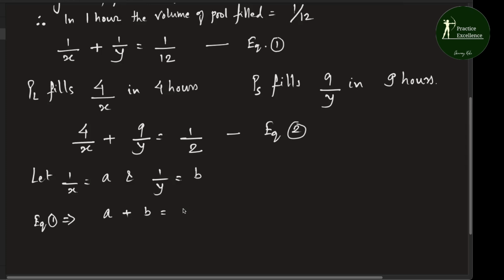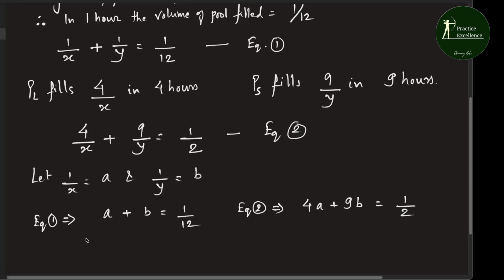This equals 1 upon 12. And equation 2 is 4a plus 9b equals 1/2.